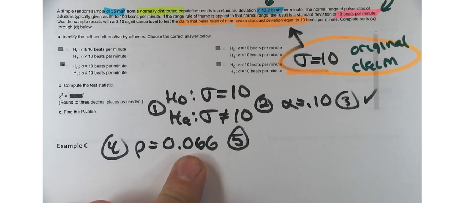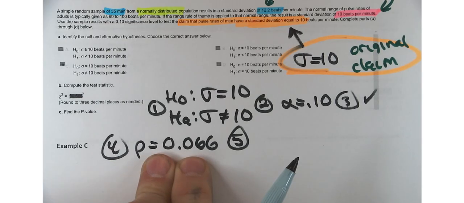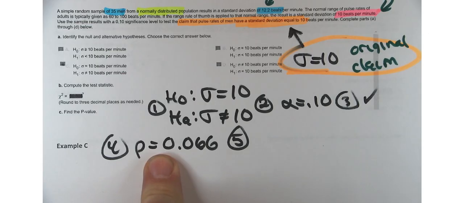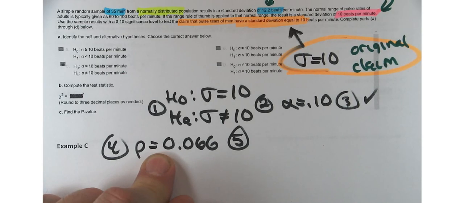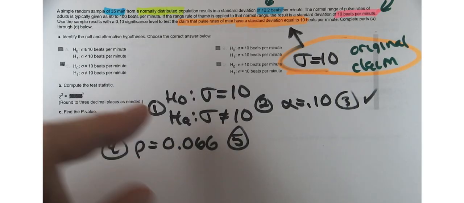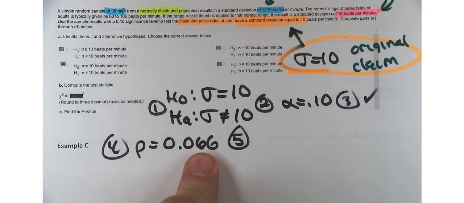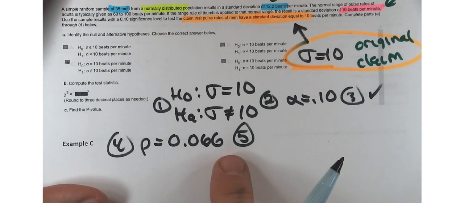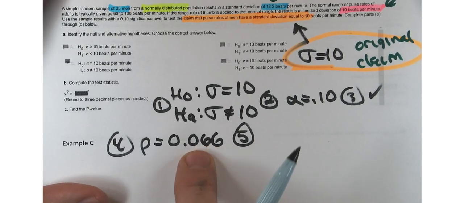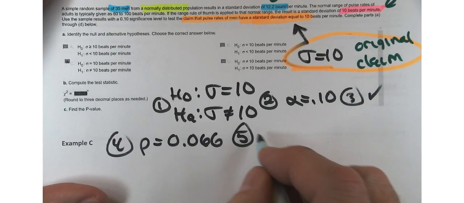Your p-value is basically the probability that H naught could be true for your given data set. So if this is really small, you don't think there's a good chance that H naught can be true, so you'll reject it. If this is larger, you might start thinking, I don't trust that, or I don't want to reject it, so you won't. In this case, we're going to reject H naught.